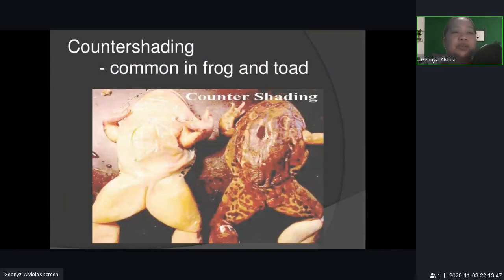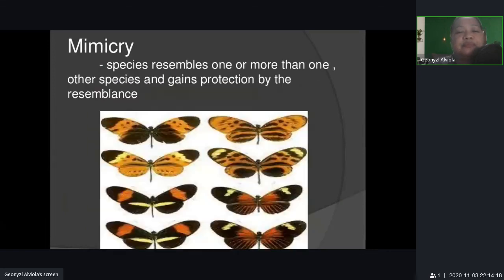When you are above the surface, you will not be able to see the shark below you, because the dark coloration of the dorsal part of the shark matches the background of the water. So it will blend in. That is counter shading.